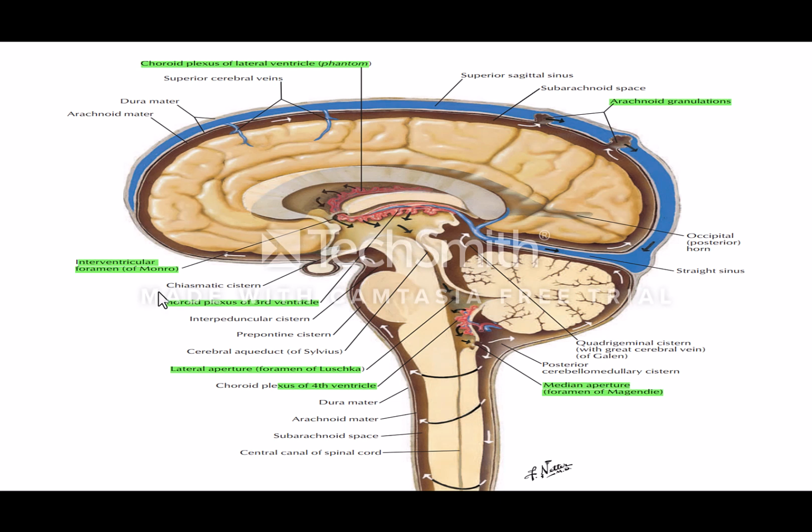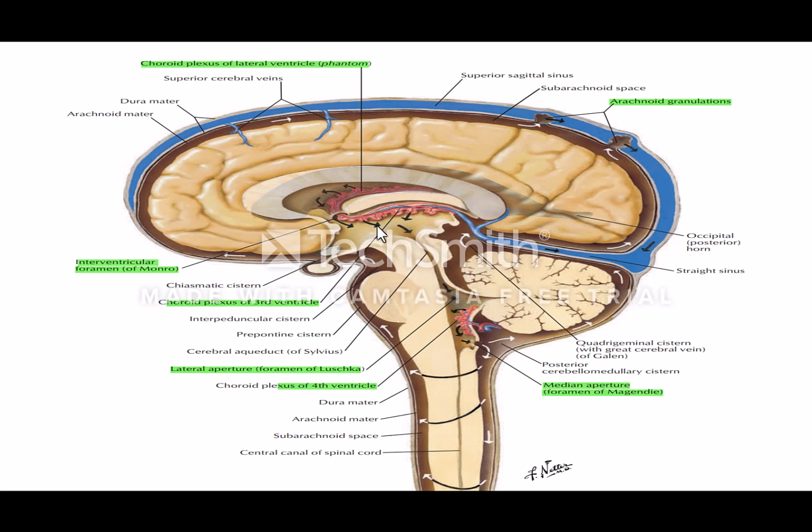That's the interventricular foramen of Monro. As you can see on this image, it connects the lateral ventricle with the third ventricle. So CSF produced in the lateral ventricle flows through the interventricular foramen of Monro into the third ventricle.